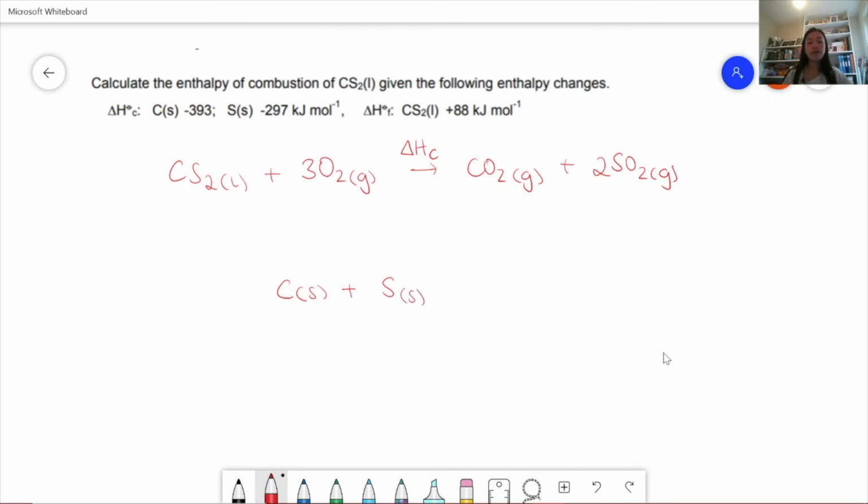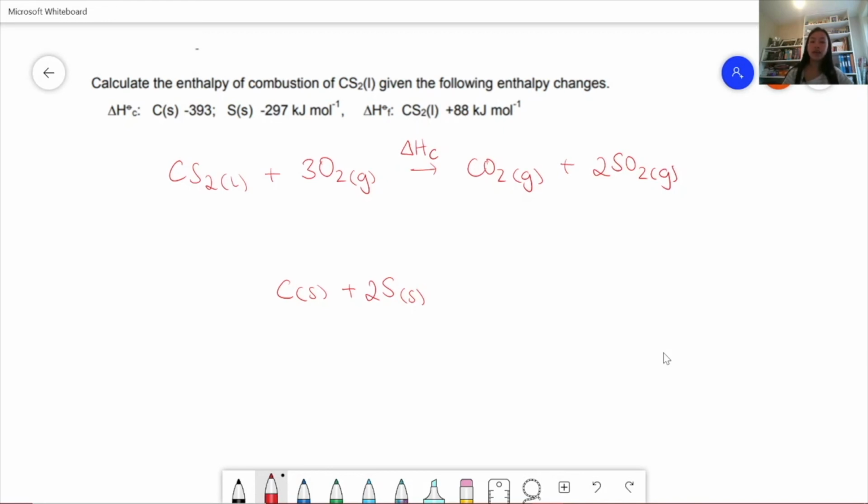But the definition of enthalpy change of formation is that it's the enthalpy change when 1 mole is formed. So we need to form 1 mole of this. So we need to balance this so that I have 2 sulfurs here. And so this is now forming this.